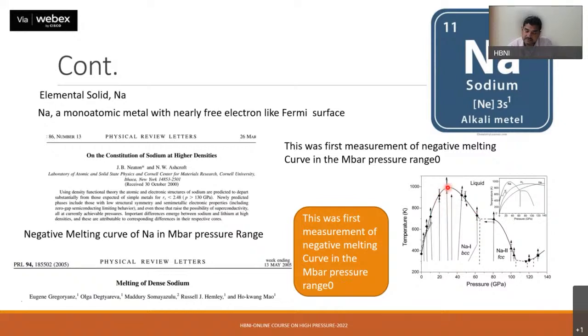It reaches a maximum in the temperature-pressure phase diagram and it goes down. And of course, after the phase transition to the BCC phase and FCC phase, it shows different behavior. So this melting of dense sodium was a landmark paper in the megabar pressure range. And that's what I was saying, that if you go to the megabar pressure range, it always shows surprises.